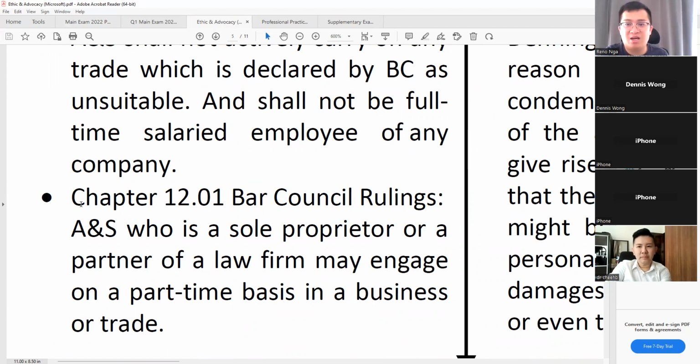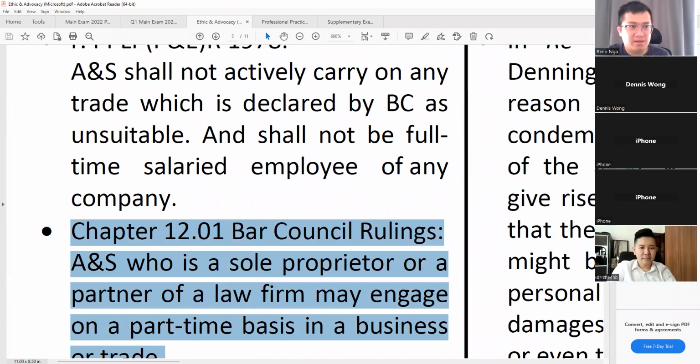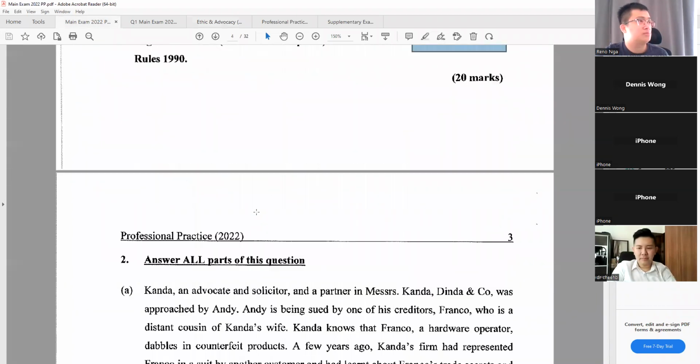Unfortunately, they only allow bosses to do part-time. So those people who work for others cannot do part-time. But of course, I stand to be corrected. Whoever knows any latest law, please let me know. My knowledge is this one: only sole proprietors.